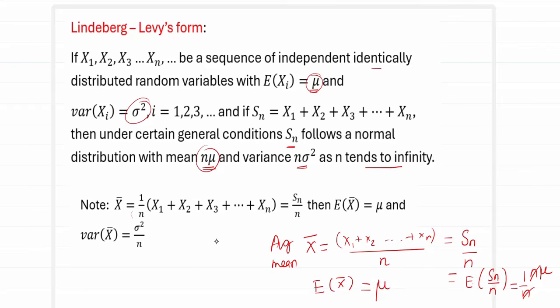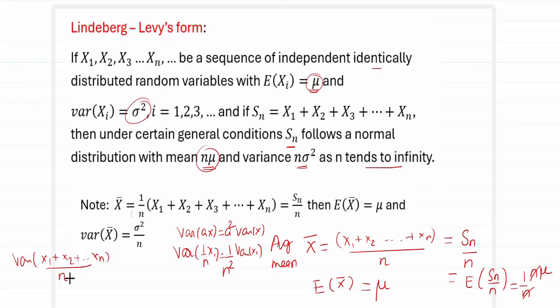The next thing I want is the variance. What do we know about the variance of Ax? Variance of Ax is a square times variance of x. So what will be the variance of 1 by n times x1? It will be 1 by n square times variance of x1. Now the variance of x bar is the variance of x1 plus x2 plus x3 up to xn, divided by n.